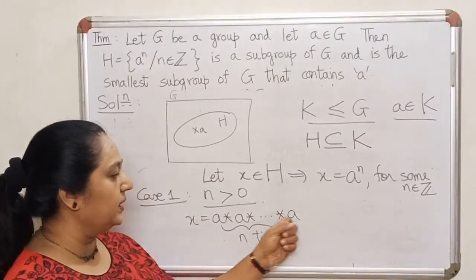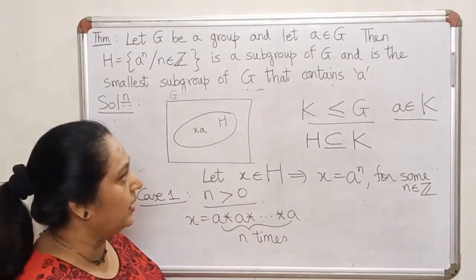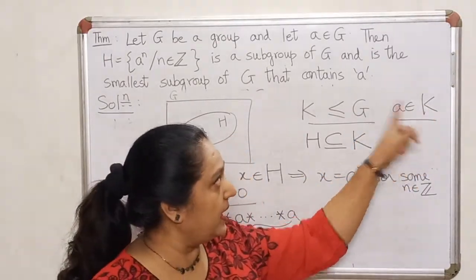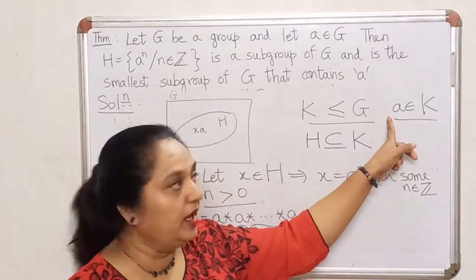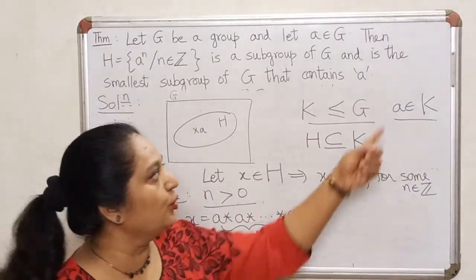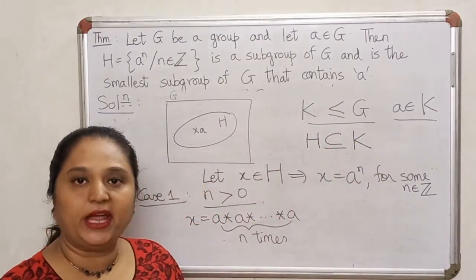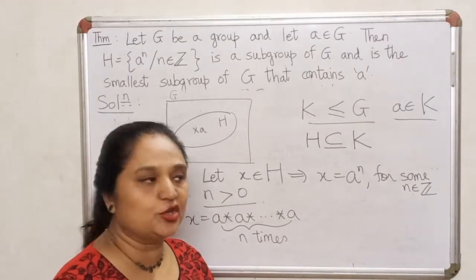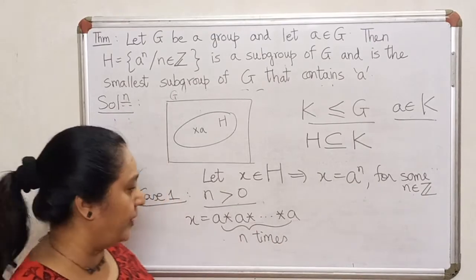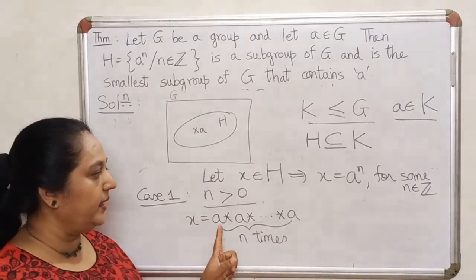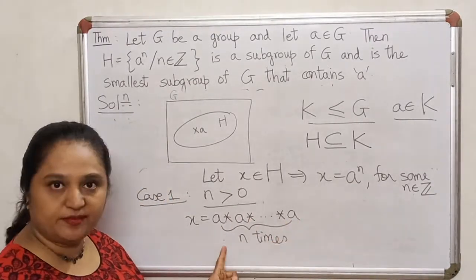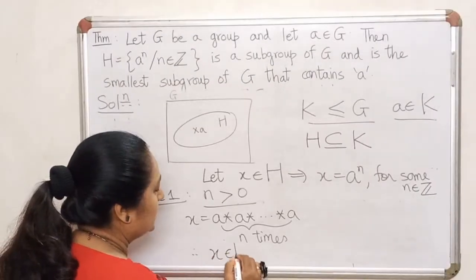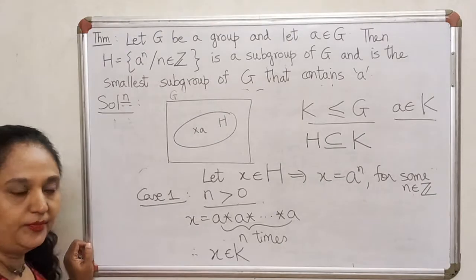So x can be written this way if n is positive. Now remember, A is in K. K is a subgroup which contains A, and by closure property, A square, A cube, all positive powers of A are going to lie inside K. So because this is a positive power of A, it will lie inside K, and so in this case X belongs to K.